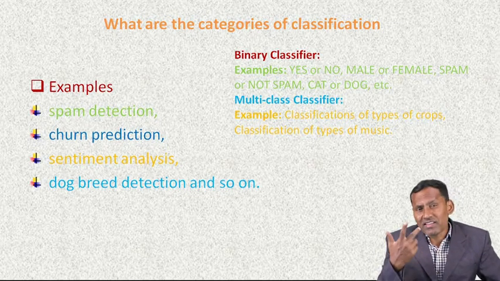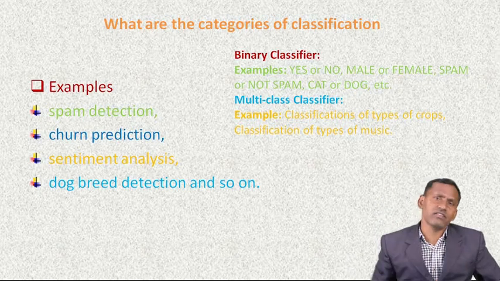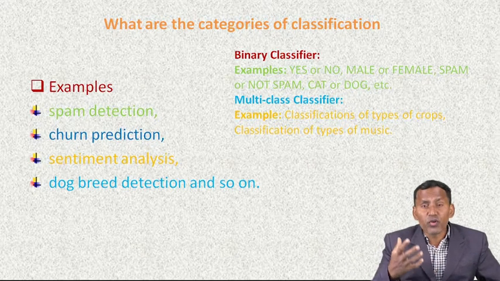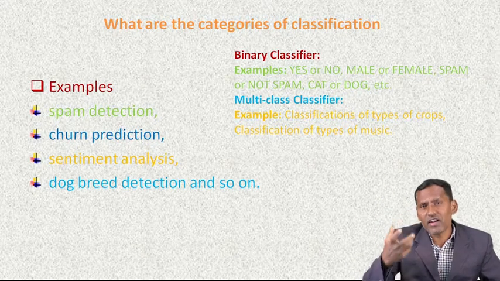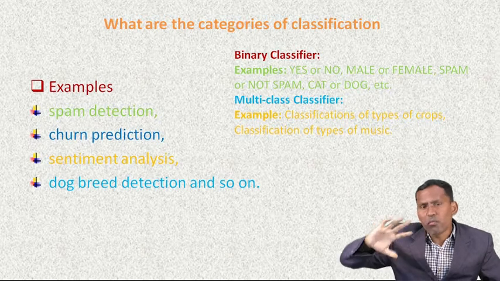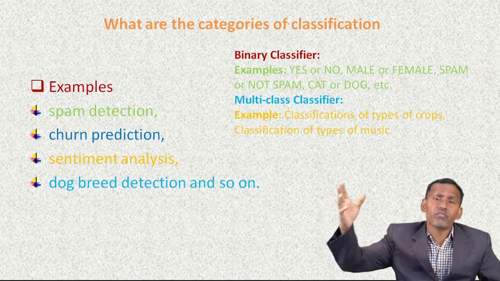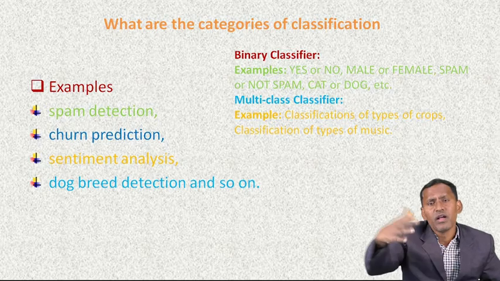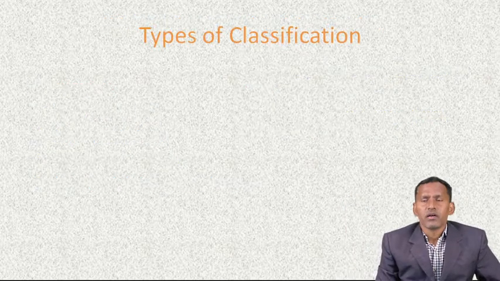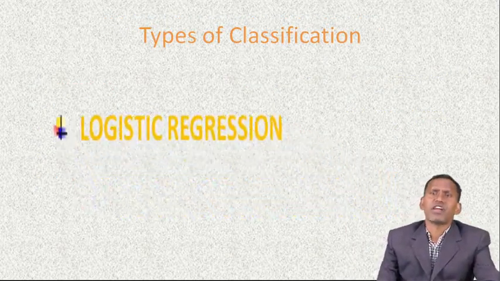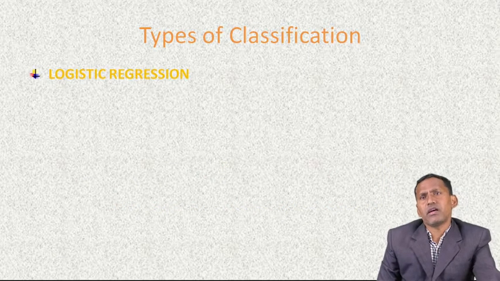But in multi-class, the output has more than two classes. If the output, target value or dependent variable comes under more than two classes, that classification comes under multi-class classification.